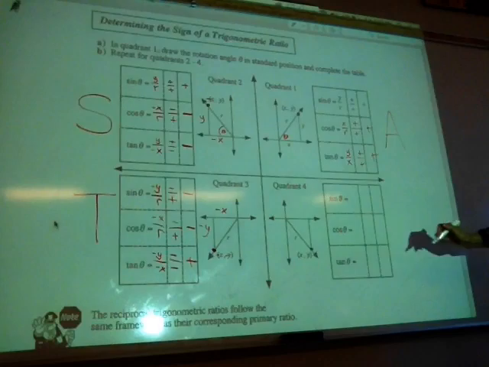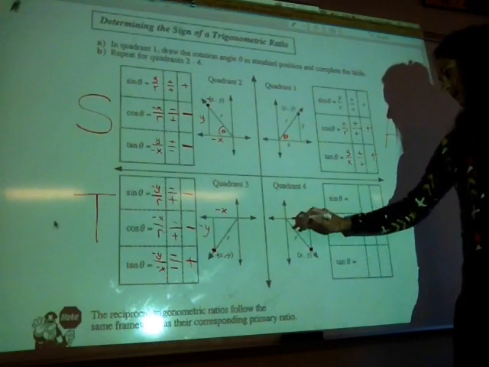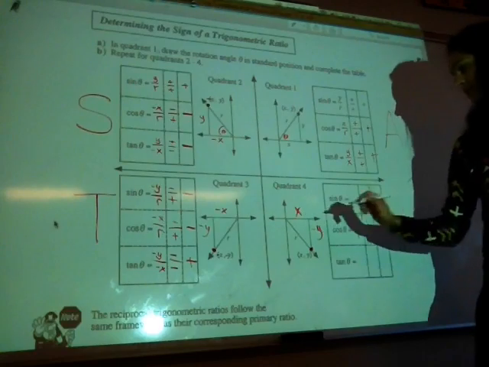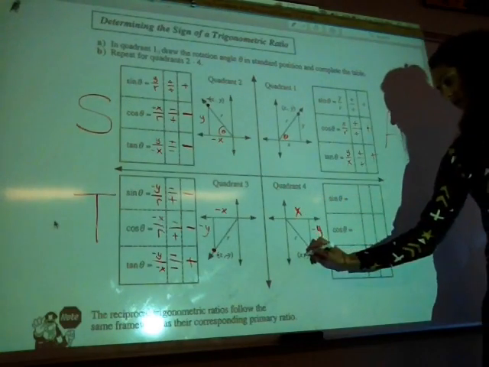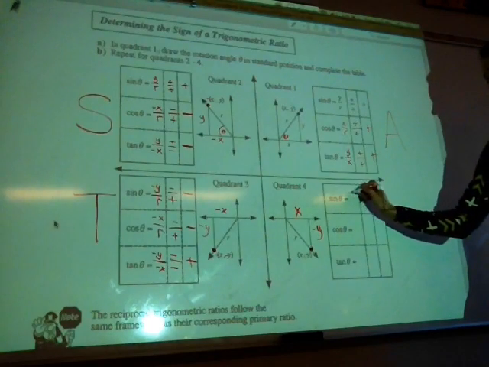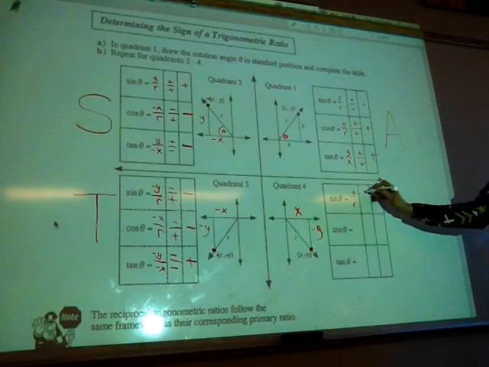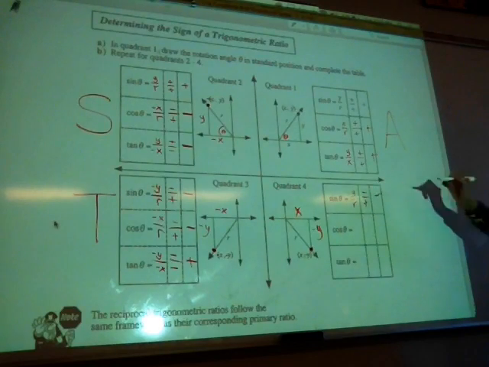Okay, and last quadrant, we're going to have positive x and a negative y. So if we figure out the ratio for sine, it's going to be negative y over r, opposite over hypotenuse. That's a negative over a positive. Sine is negative in quadrant 4.